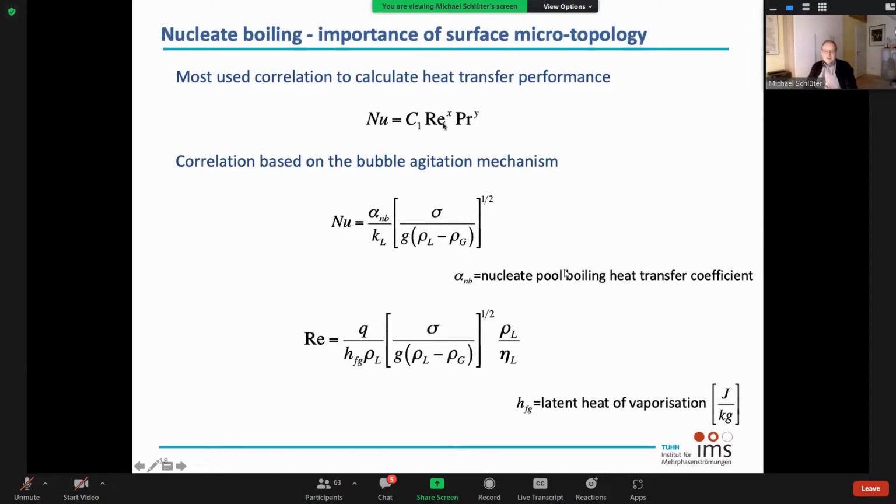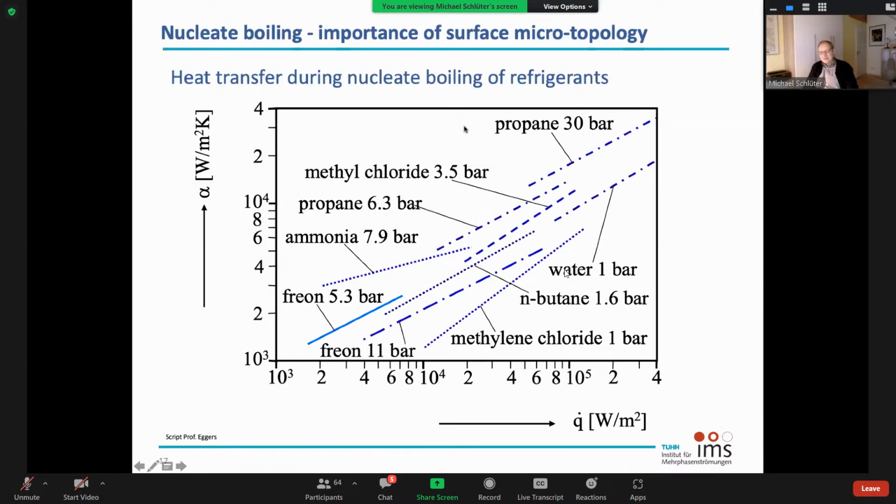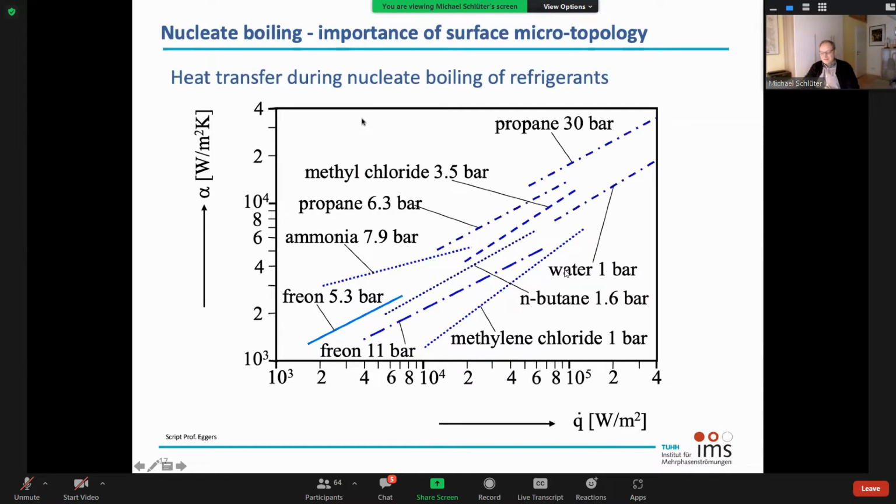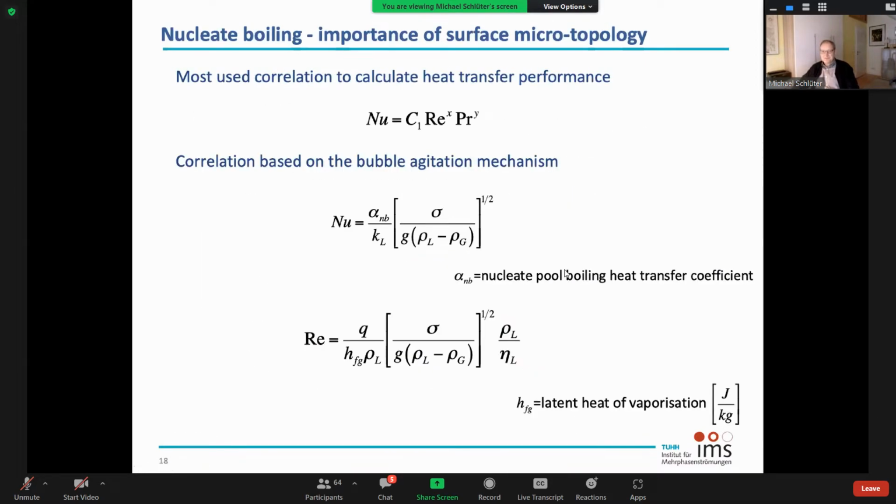We have the Reynolds number that takes into account the convection to the power of x, and we have the Prandtl number that takes into account the material properties, so the thermal conductivity, to the power of y. So Reynolds multiplied by Prandtl with two exponents and a factor. This is an equation that helps us to describe the heat transfer performance.